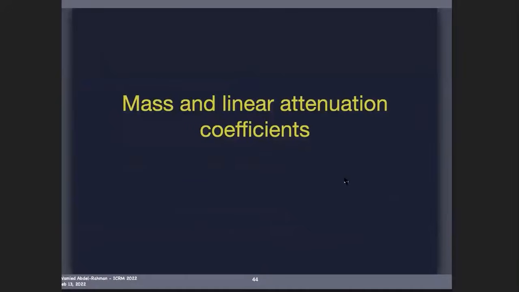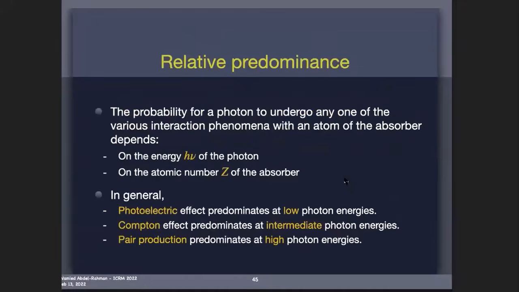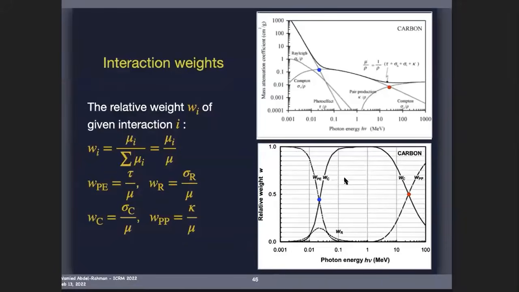The mass and linear attenuation coefficients will depend on the photon energy and will depend also on the atomic number of the absorber. In general, at low energies, photoelectric is the dominant interaction, Compton is intermediate range, and then at high energies, we have pair production.